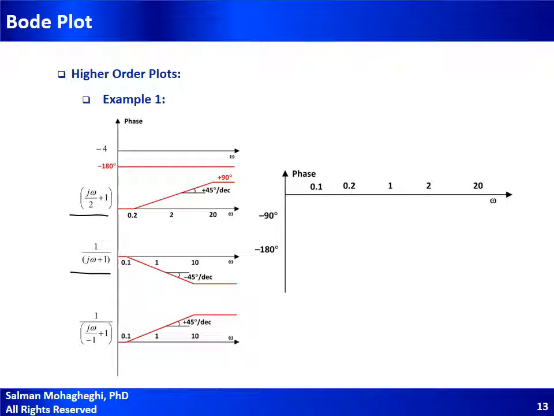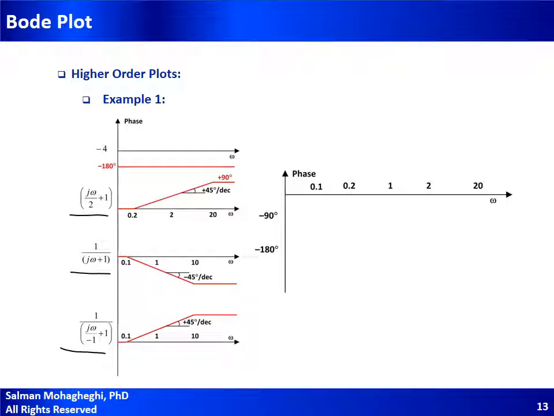Then I would have another pole at the same distance from the origin, but on the other side of the j omega axis. So this one is going to be at +1. You remember from our previous discussion that this one is going to have the opposite angle. So essentially, it's like the angle of the first pole multiplied by negative 1.